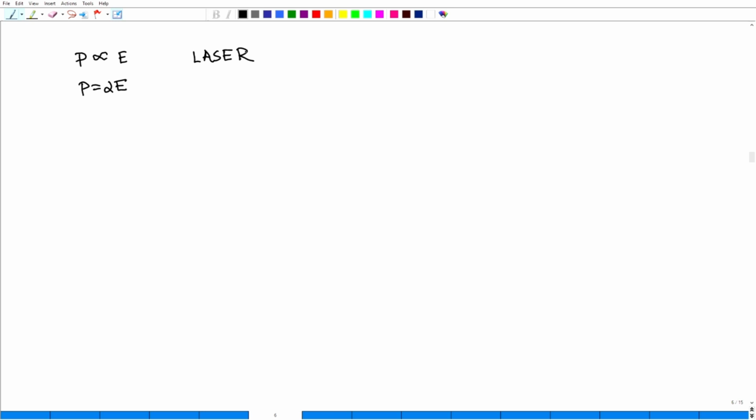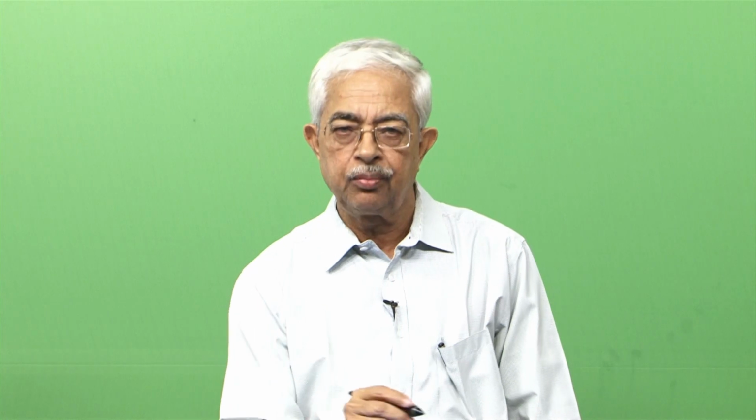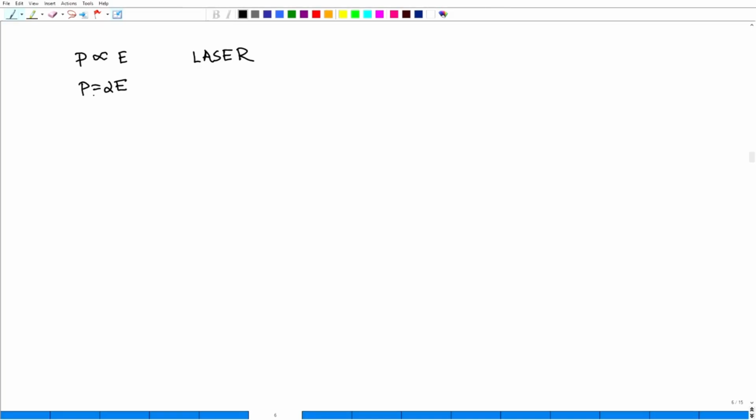Laser light is of very strong intensity. So, if you heat some molecules with strong intensity laser light, I will come to that, then P is no longer proportional to E, but P equals alpha E plus beta E square plus gamma E cube, and it goes on like a series.